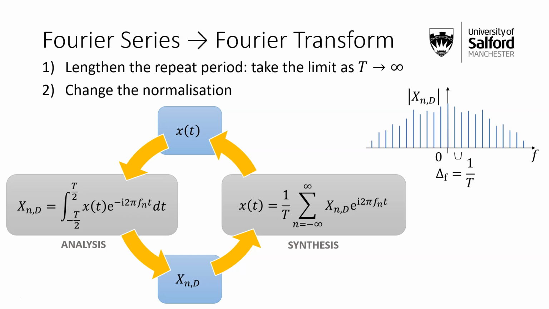So actually what 1 over t times xn,d is, which is what you get if you moved 1 over t inside the summation, is actually a little rectangle, and these all sort of just join up, and we've got a little collection of bars which gives us an area under the curve.